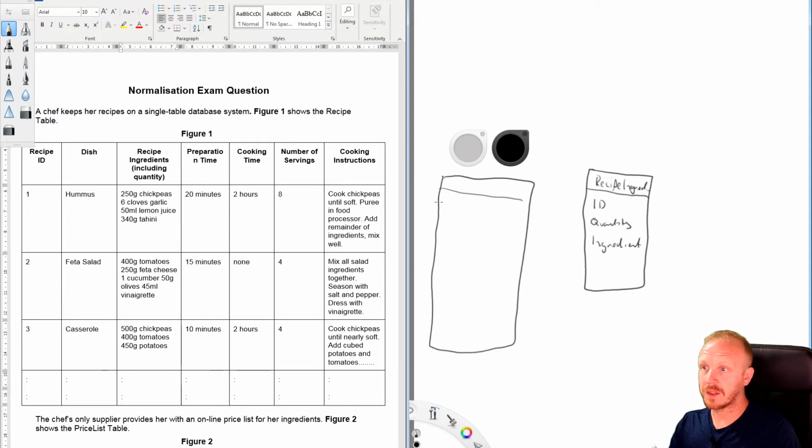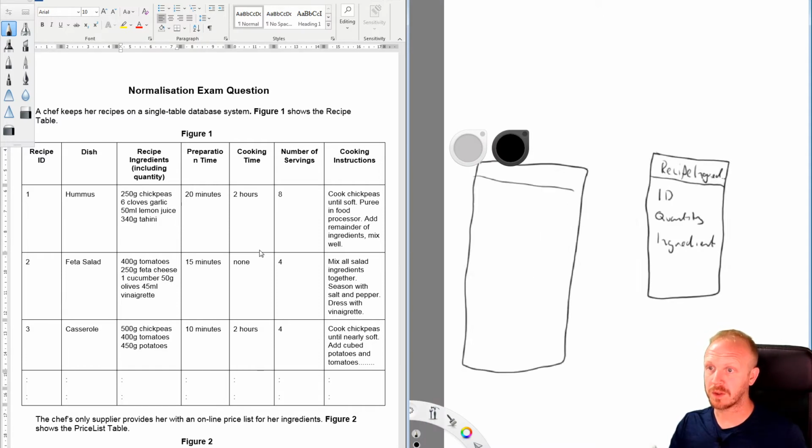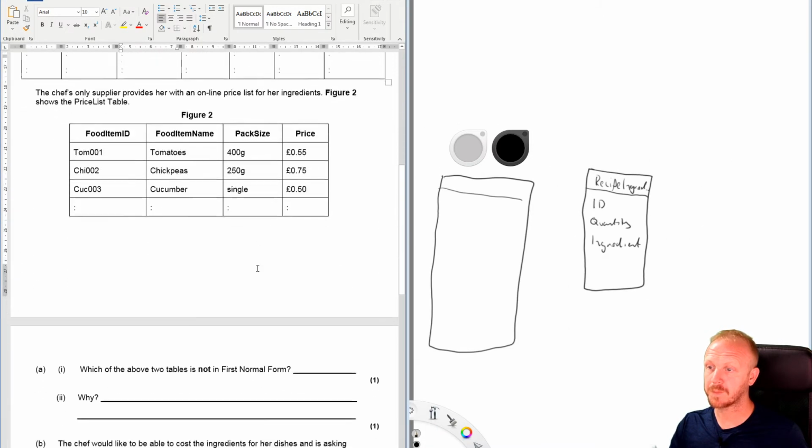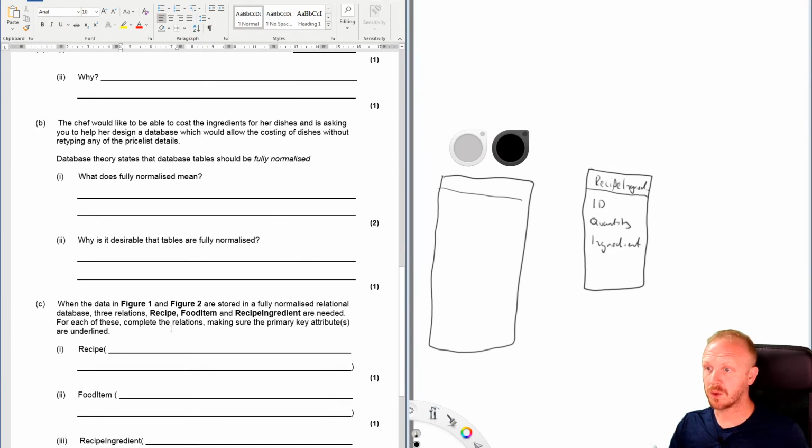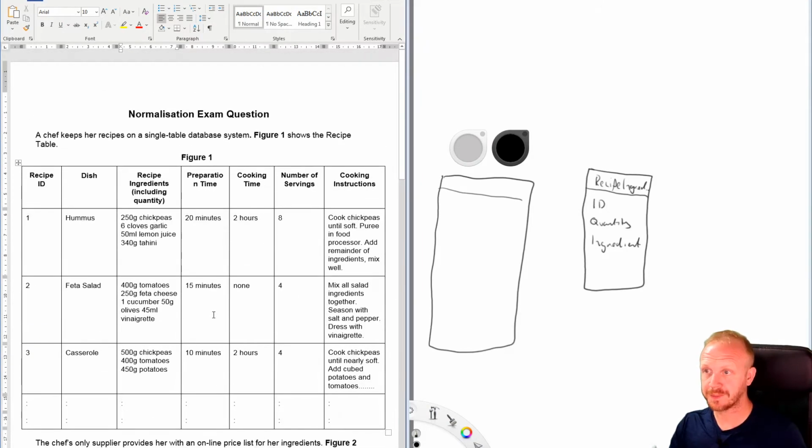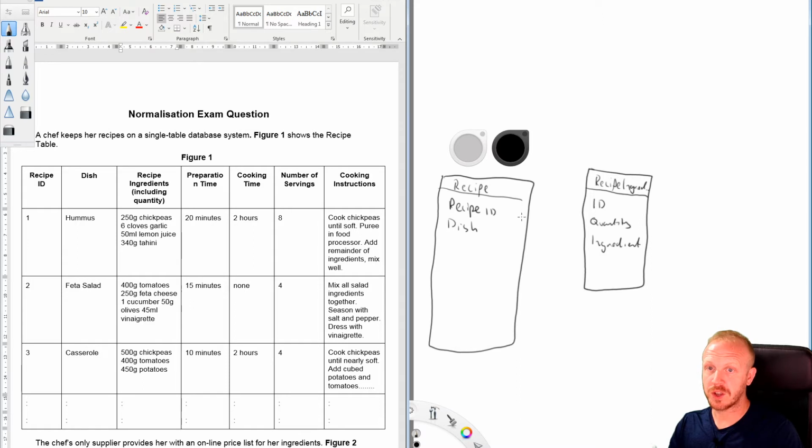here, and let's make sure it's called what it's expecting it to be called. It wants it to be called recipe, which is what this is. And that will have its recipe ID, the dish, and then there'll be the link to this, which we'll look at in a few seconds.